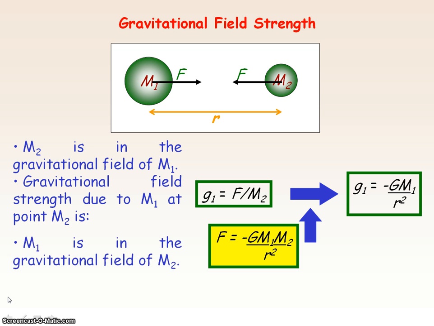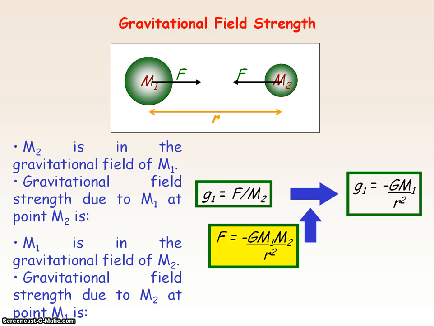Also, mass m1 is in the gravitational field of m2, so we can then determine the gravitational field strength due to m2 at the point where m1 is. Gravitational field strength is the force per unit mass, so at that point the mass is m1, and the gravitational force acting on m1 due to m2 is given by Newton's law of gravitation.